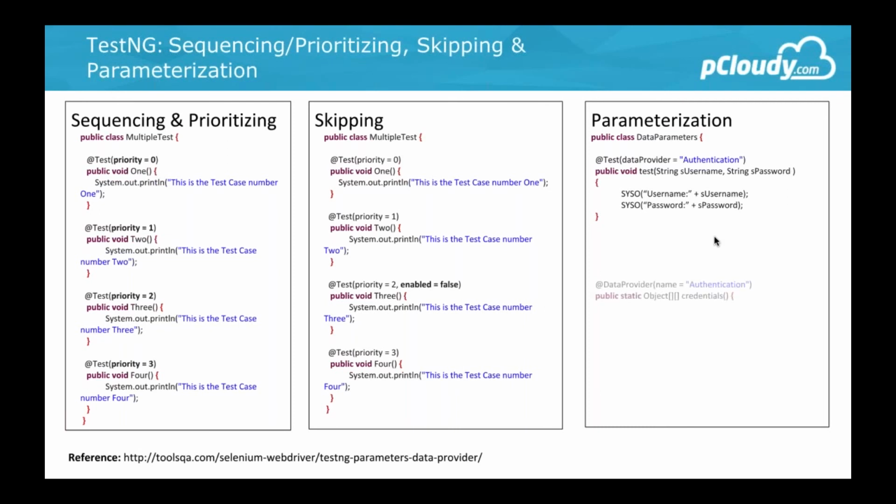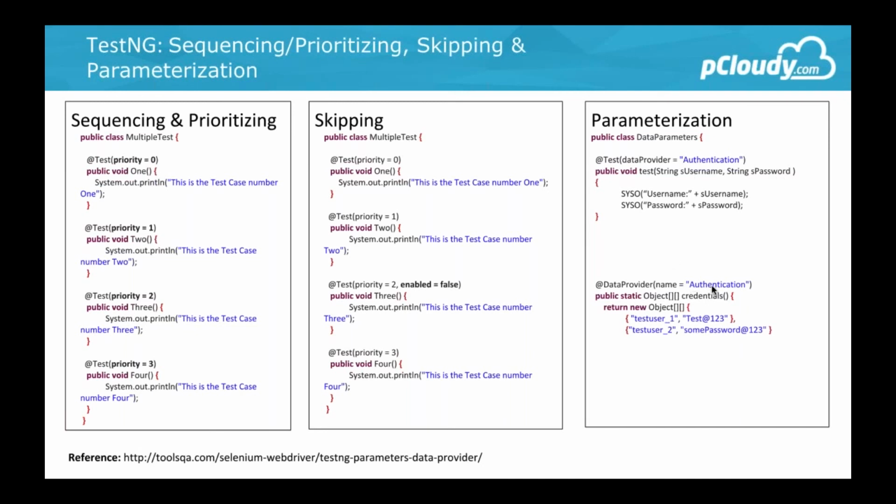So I can create a data provider. In my @Test, I will annotate my test with a data provider named authentication. And in the same class, I will create a 2D array of objects which will have the same name as authentication.